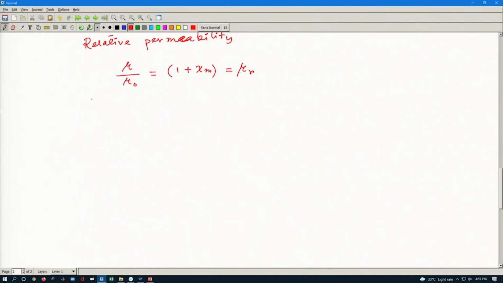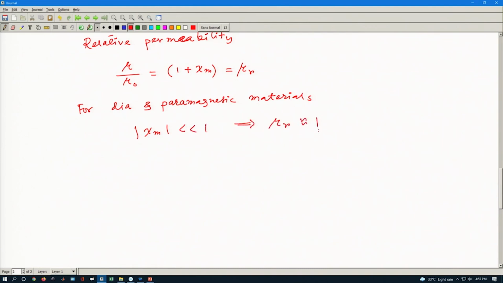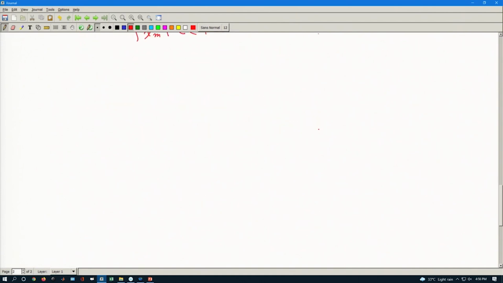So the susceptibility value is very much less than 1, which gives mu r almost equal to 1.